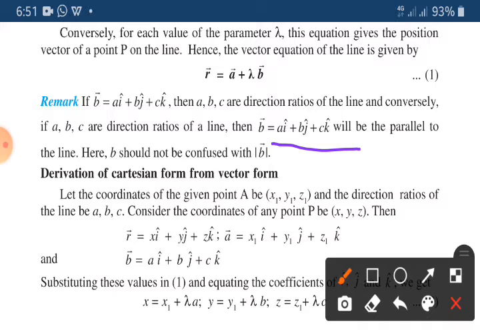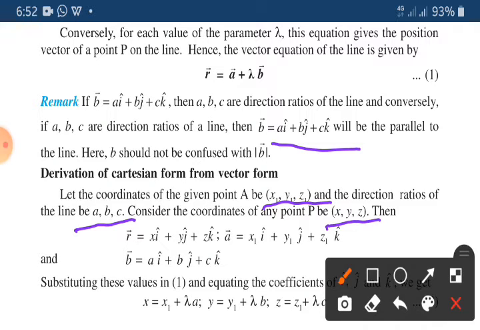Okay. The derivation of the Cartesian form from the vector form. In the coordinate system, the point A is x1, y1, z1, and the direction ratios of the line are a, b, c. Consider the coordinates of any point P to be x, y, z.